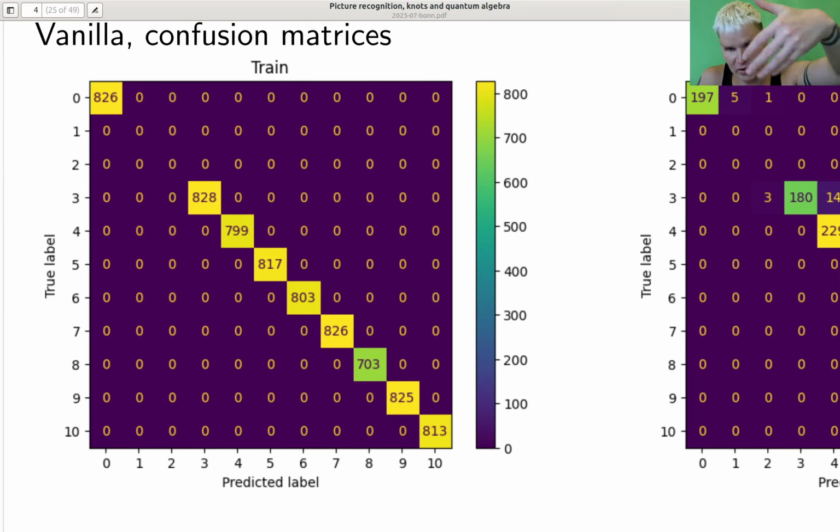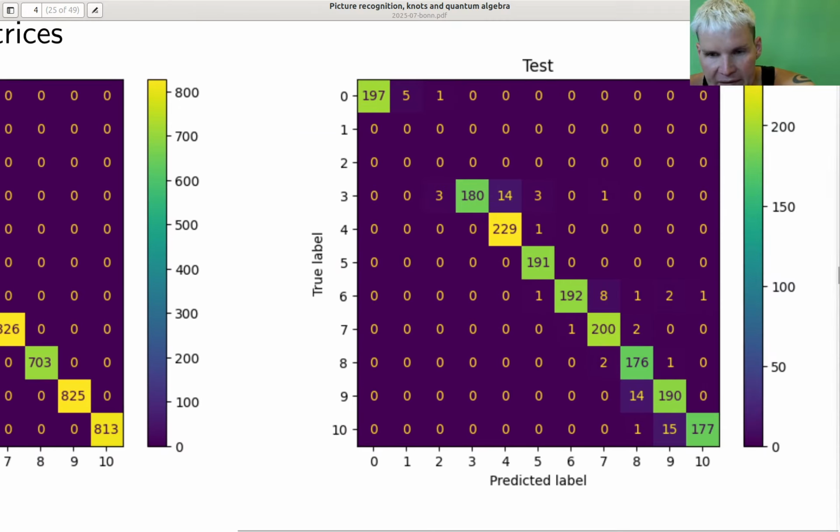And then it actually has no idea, right? The pixel distribution for a random knot might be different from the trained knots. Maybe not too different. That's why this matrix is not too bad. But it's kind of not generalizable, right?